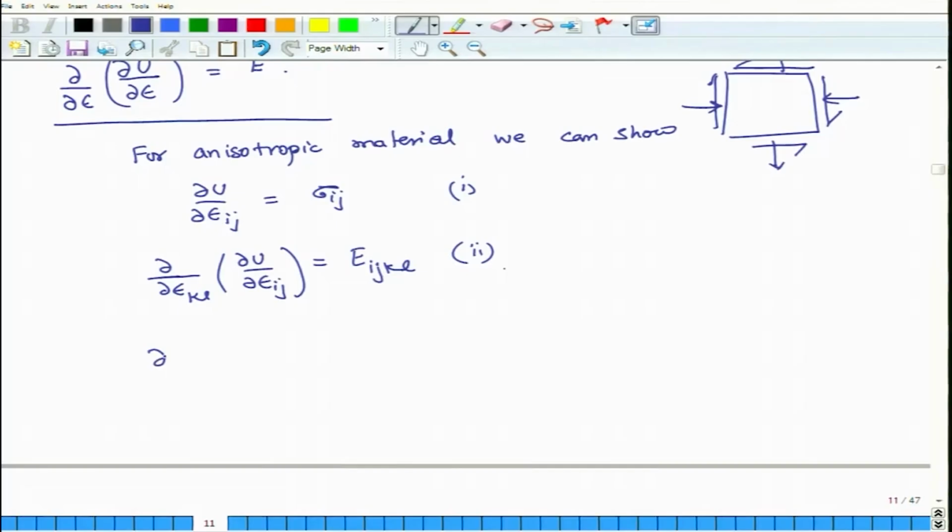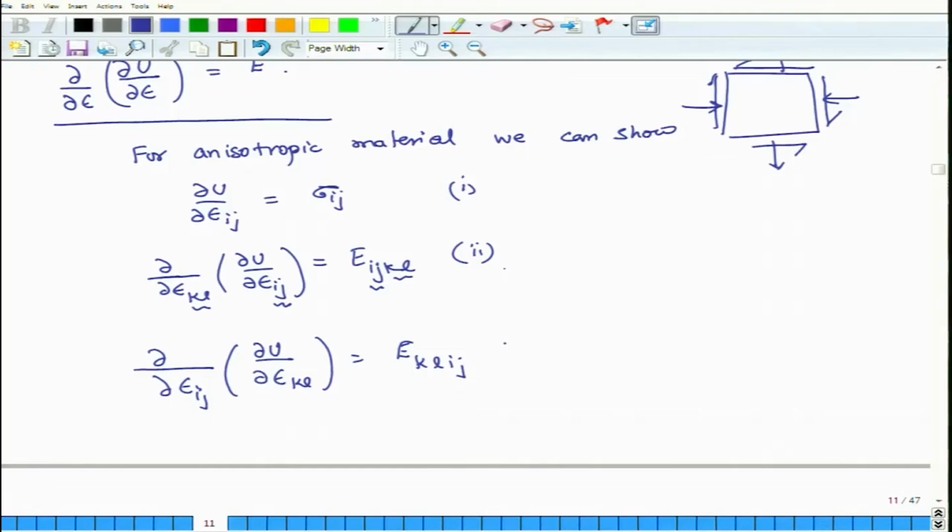So, I can also say that the partial of, here ij is in the bracket, so that is why ij comes first, and then the second differentiation is epsilon kl, so epsilon kl comes first like this.